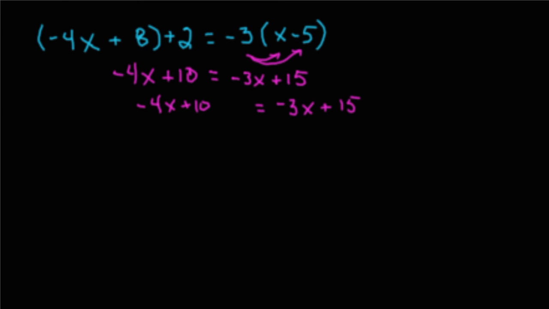Well, I can subtract 10 from this side of the equation, as long as I do the same thing to the right side of the equation to keep it equivalent, to keep it balanced. We haven't changed the value of the equation at all, we're just rewriting it. So negative 4x, plus 10 minus 10 is 0, equals negative 3x plus 15 minus 10, that gives us a positive 5.